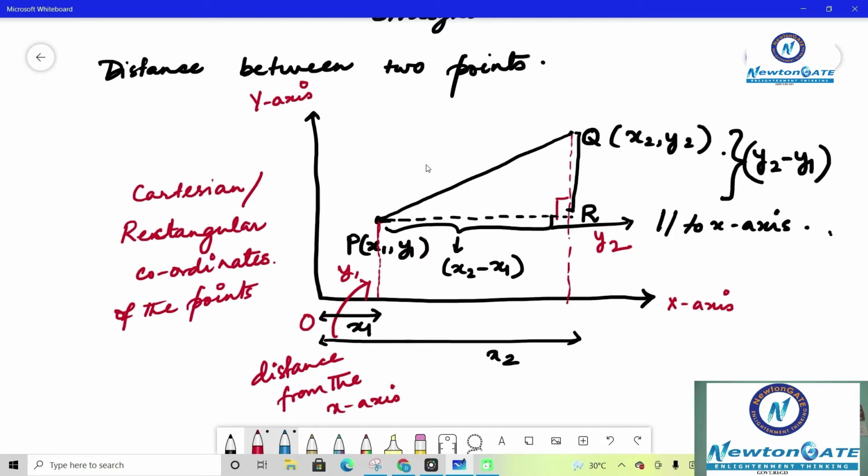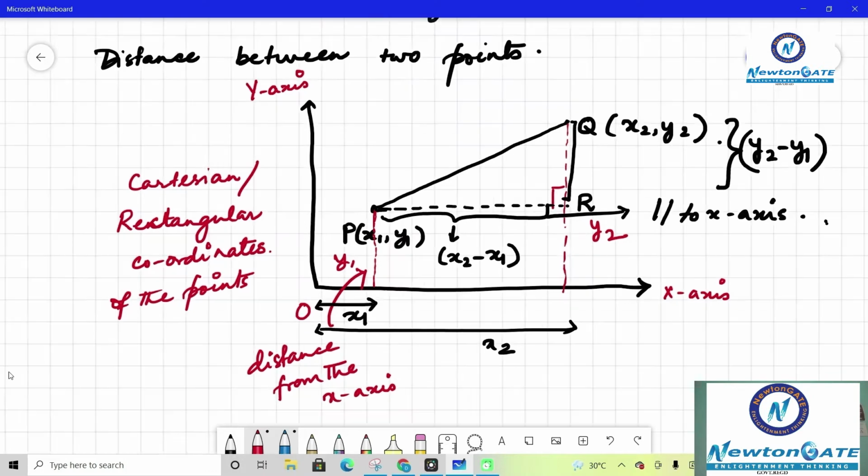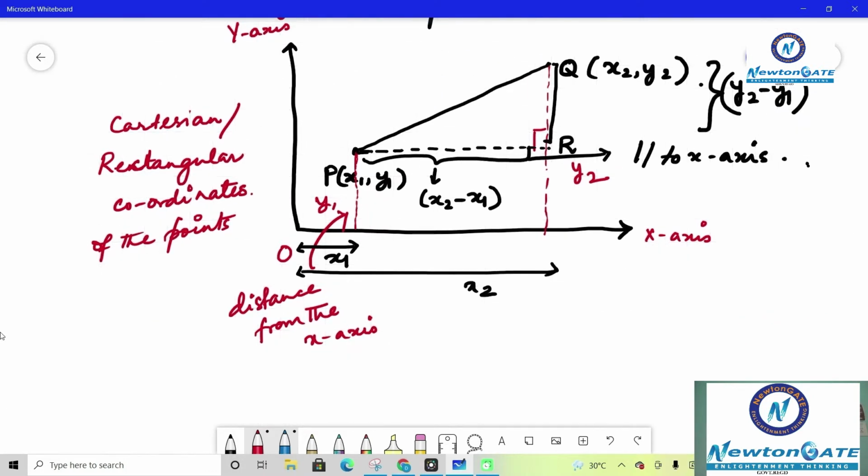So, using the Pythagoras theorem, in triangle PQR, we have PQ square is equal to PR square plus QR square. Clearly, PQ is the distance of the 2 points.